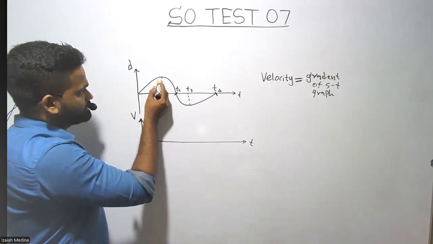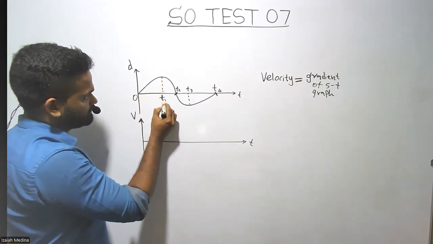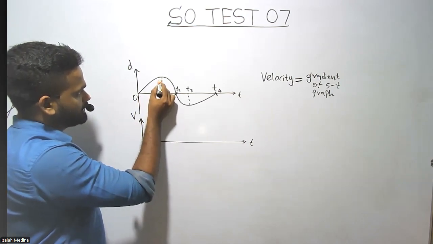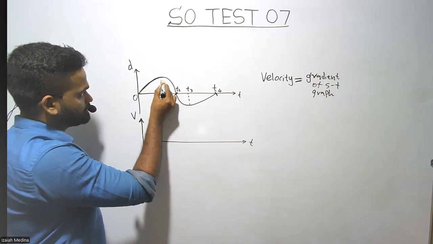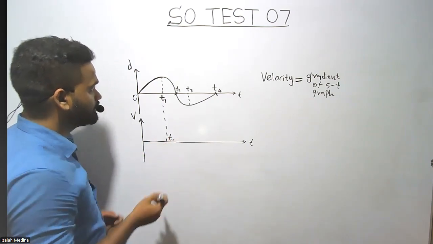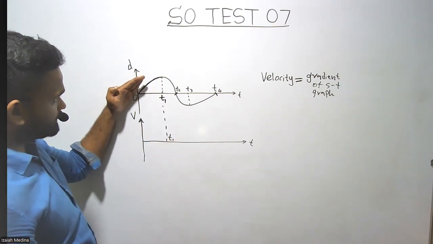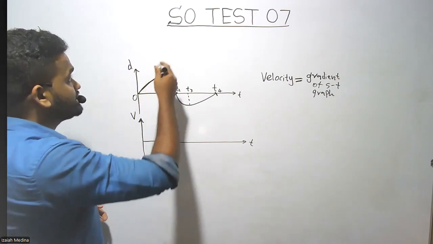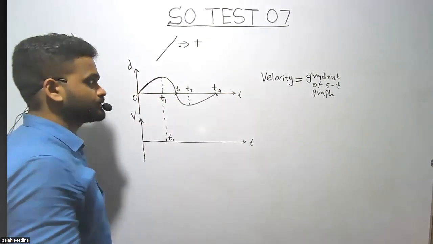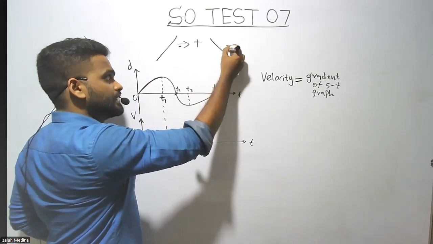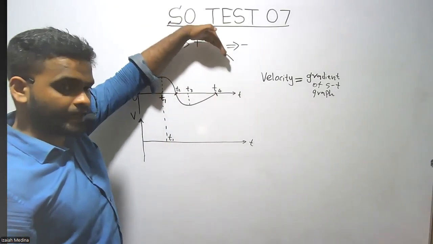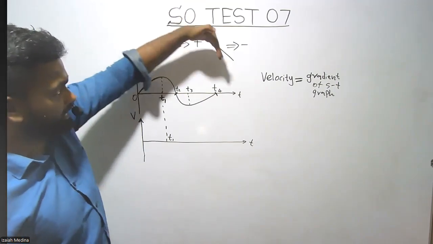First, we'll take the part from 0 to t1. What happens to the gradient? I told you that gradient is a slope. To this side, gradient is always positive; to the other side, gradient is always negative.